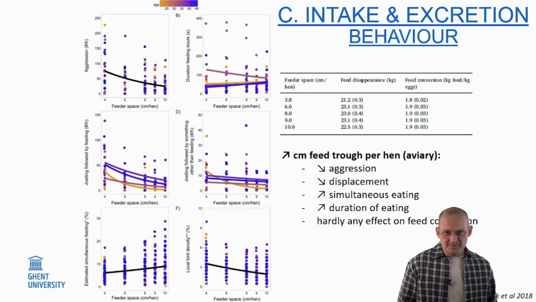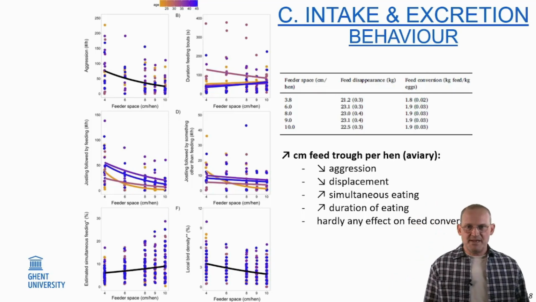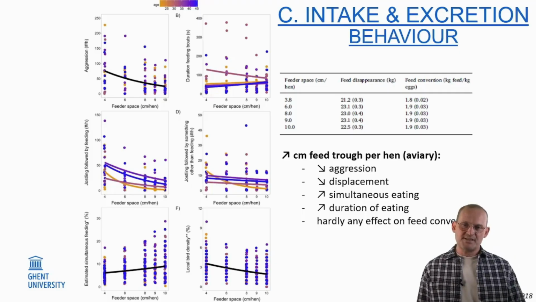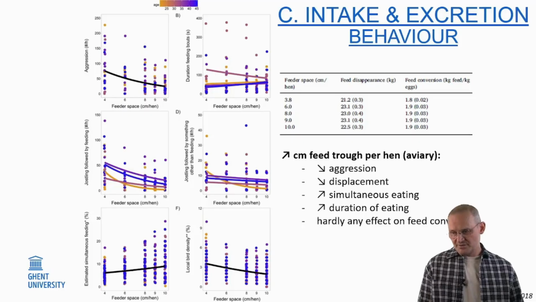In this experiment, they tested what the effect would be of providing fewer feeders to the same group of laying hens, in order to see at what level there's too much feed competition.